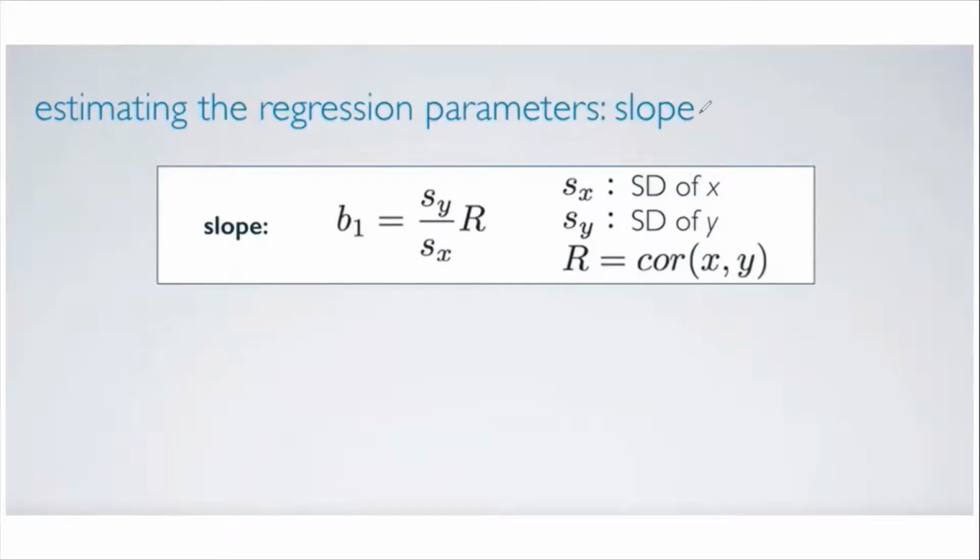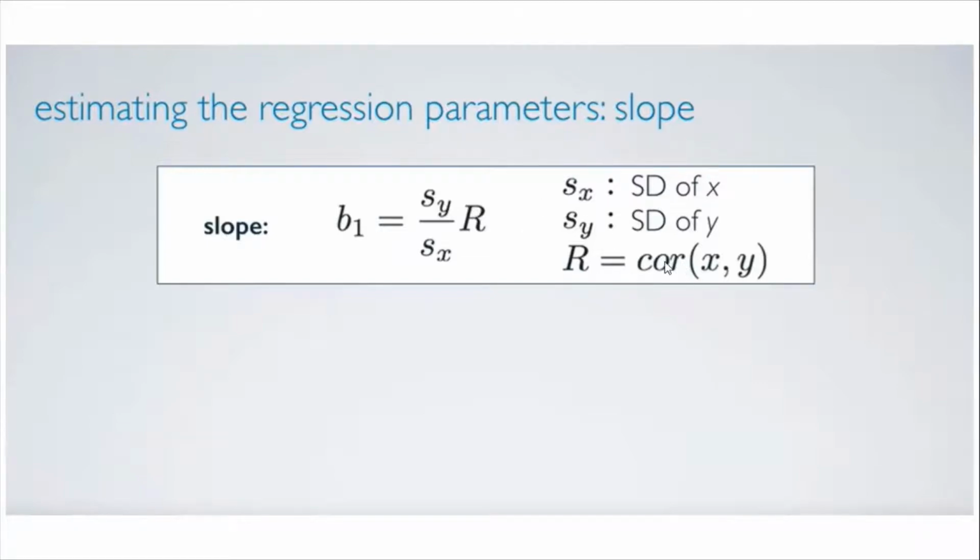Mathematicians came up with a formula using calculus. We can calculate slope by dividing the standard deviation of y, the response variable, by the standard deviation of x, the explanatory variable, and multiplying with the correlation.